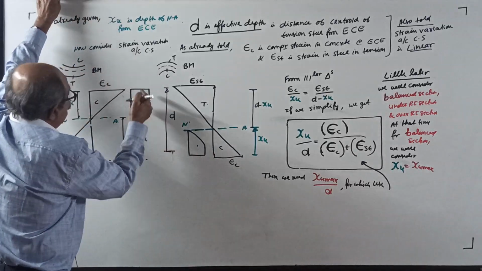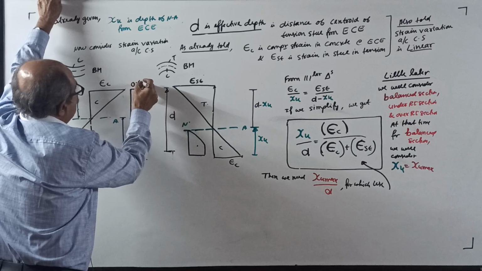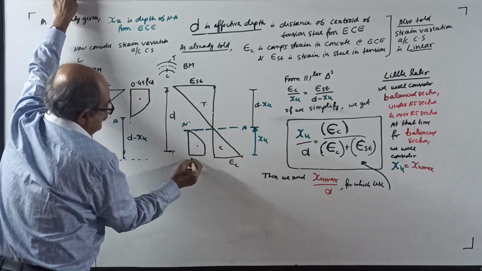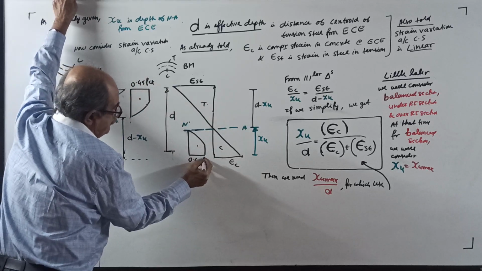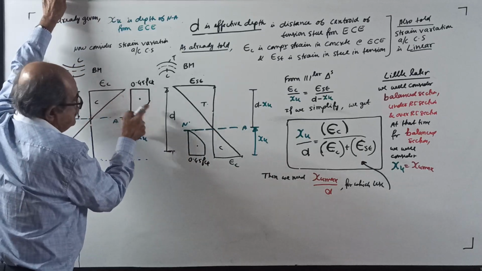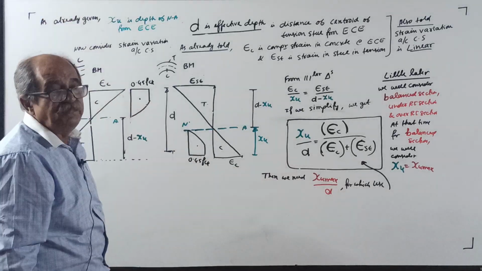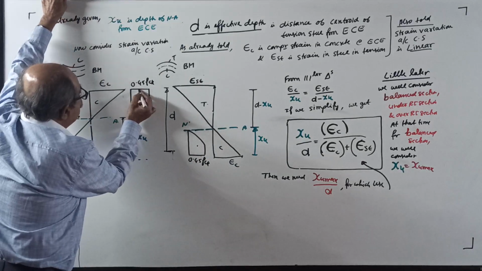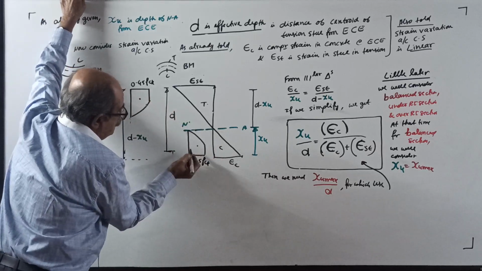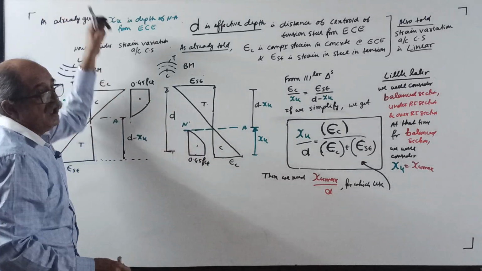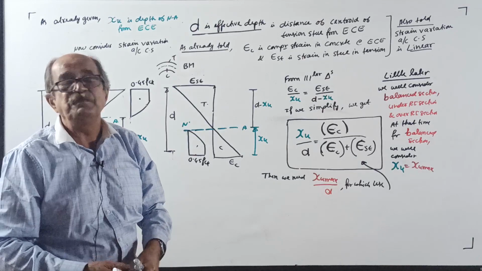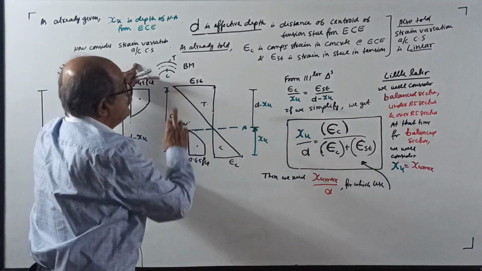Average, you know it, this is 0.45 fck. Average is 0.36 fck, CG at 0.42 xu. You require xu from here. Just make a note a second time. This will give one more concept.